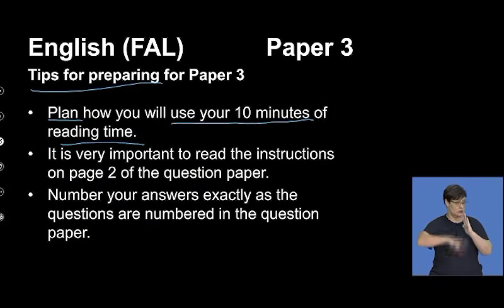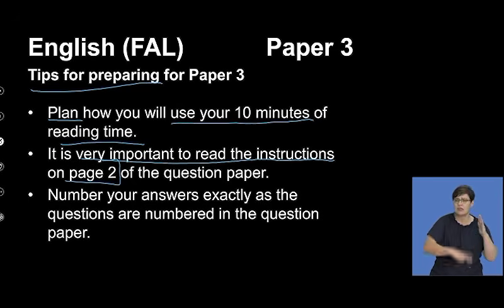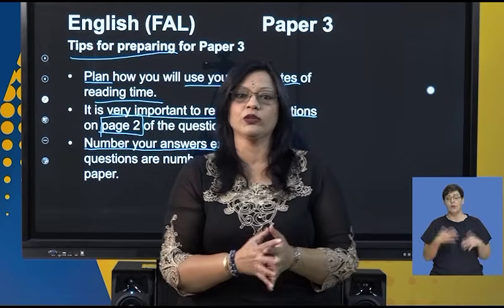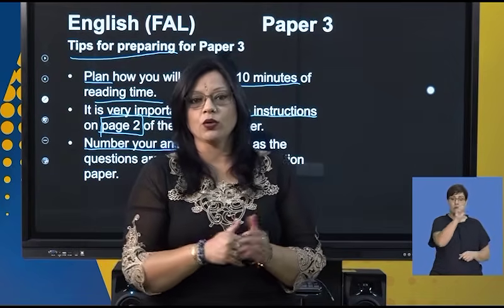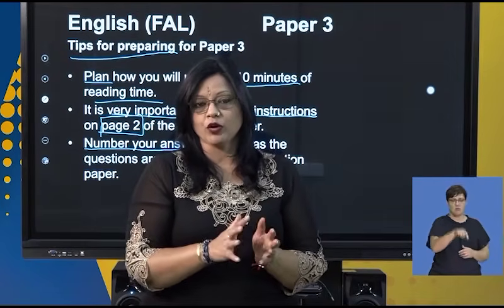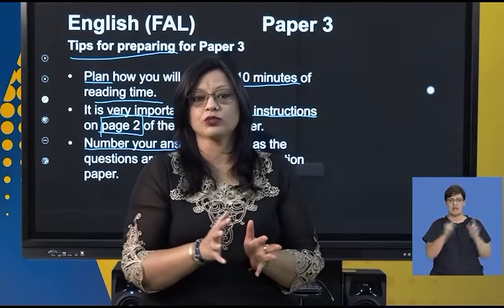So it's also very important to read the instructions, okay? And this is found on page 2 of the question paper. Number your answer exactly as the questions are numbered in the question paper. This is very, very important. Remember, question 1 will start with 1.1 and go on to maybe 1.5 or 1.6, and thereafter we have our visuals. It could go on to 1.6.1.